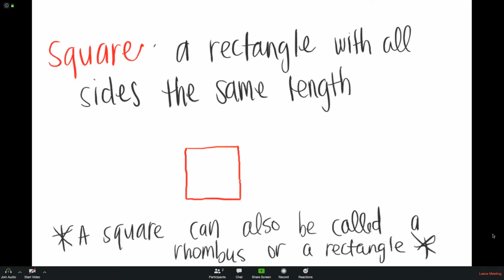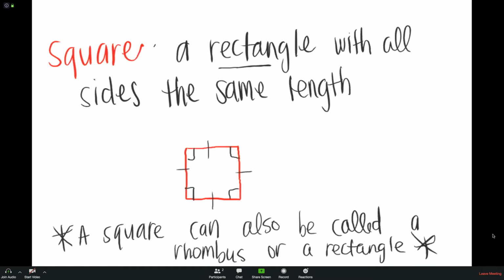And lastly, let's talk about a square. So a square is a rectangle, which means it's a parallelogram because rectangles are parallelograms. They have opposite sides equal, opposite sides parallel. But what makes it different than a parallelogram is the fact that it's a rectangle, which means that it has 4 right angles.